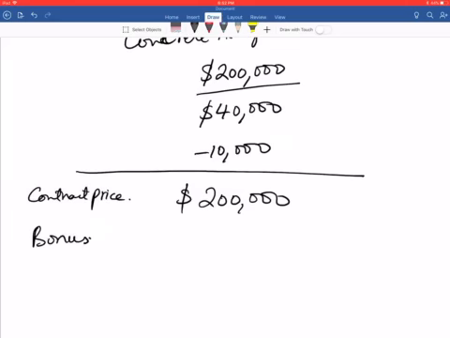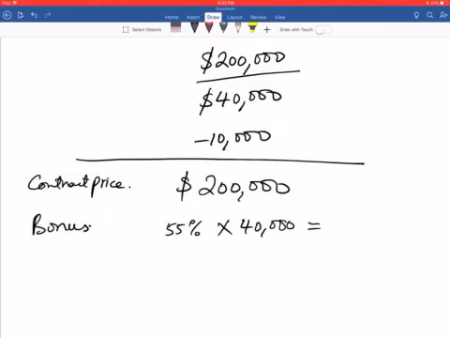Okay, so here in the question it says there's a 55% probability that the work will be done on time. That means $40,000. You multiply 55% with it, and that's the number one. The other probability is 30%.